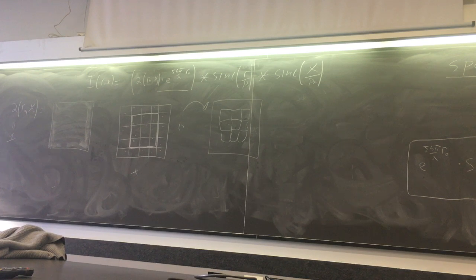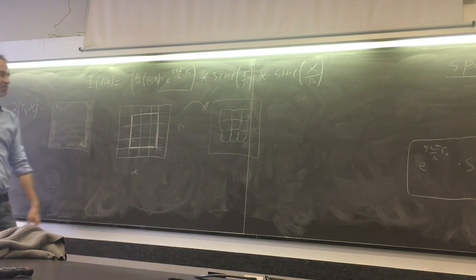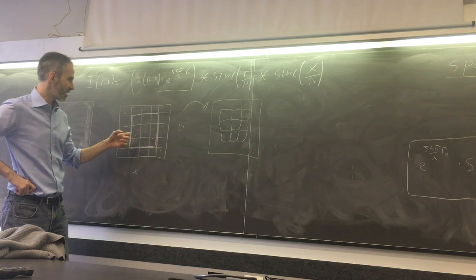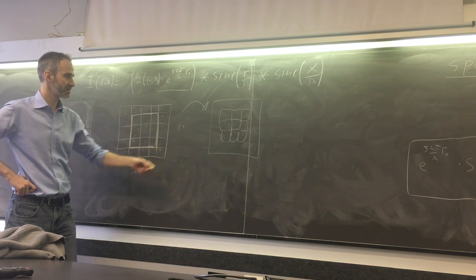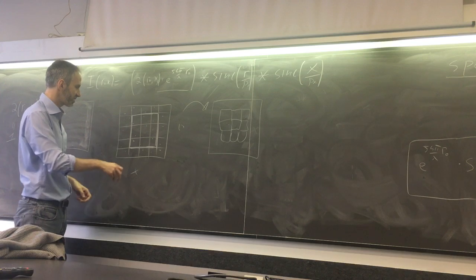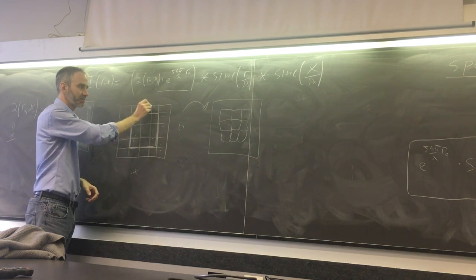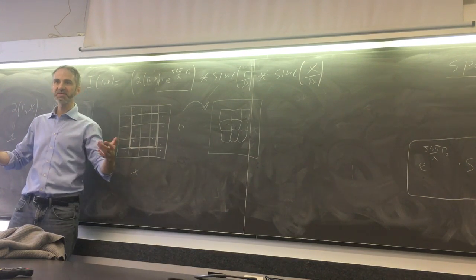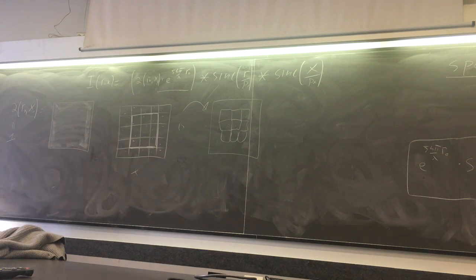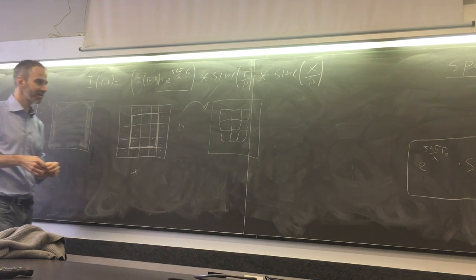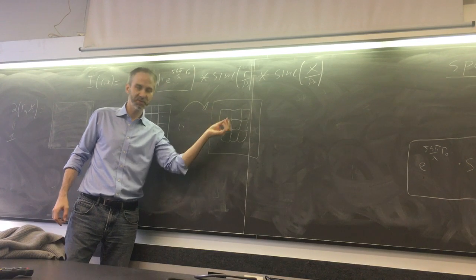So this pixel here is the sum of these 9 pixels. This other pixel here is the sum of these other 9 pixels, right? All the pixels have the same amplitude. Do you think that the amplitude after convolution is constant?